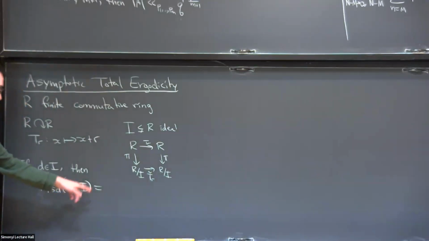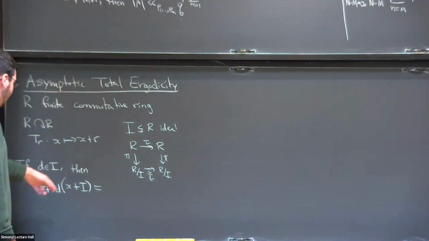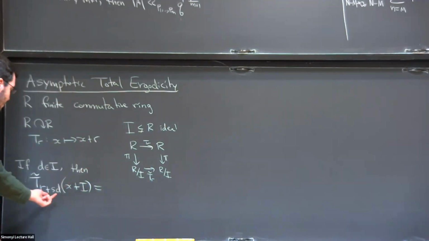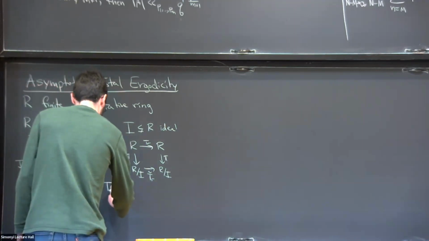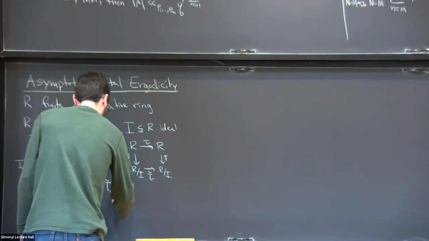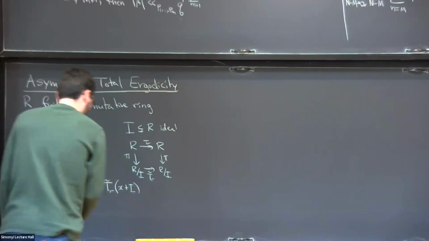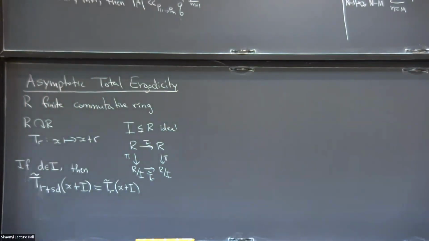And so a point down here is just some coset of the ideal, and my action is just shifting. This term here belongs to the ideal, and so this is the same as T tilde R at this point.